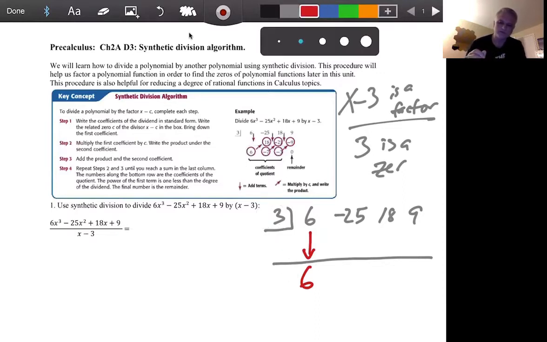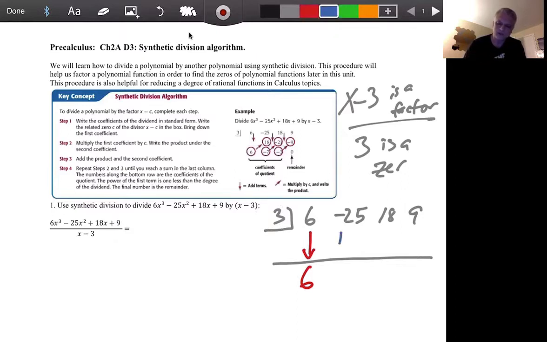And we get positive 18. Okay, notice that's what they have right there. So now we are going to add vertically. So negative 25 plus 18 is negative 7. That's where the negative 7 came from.